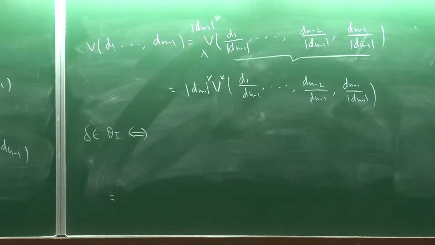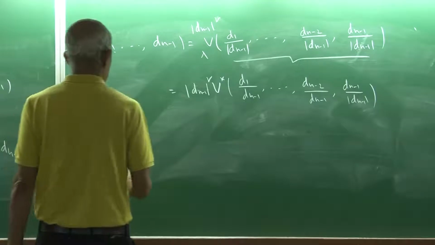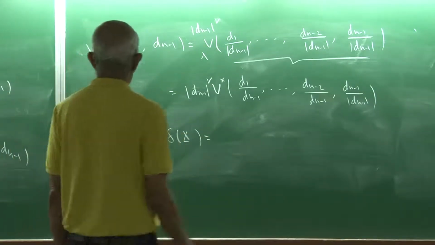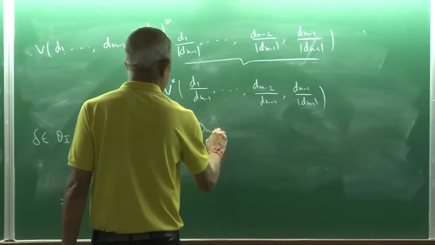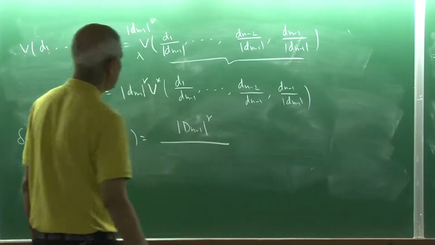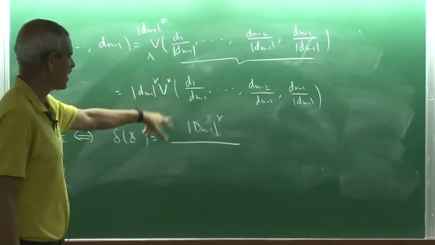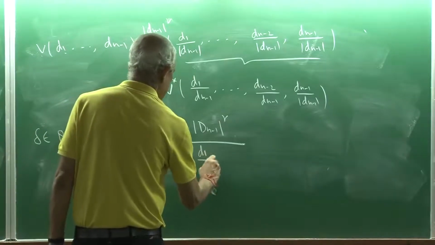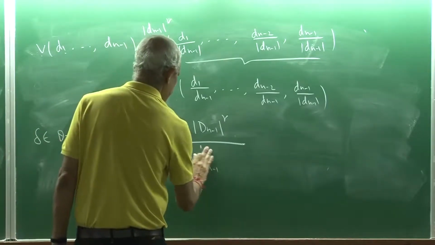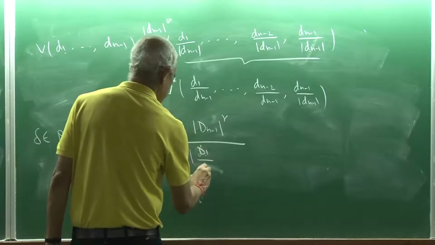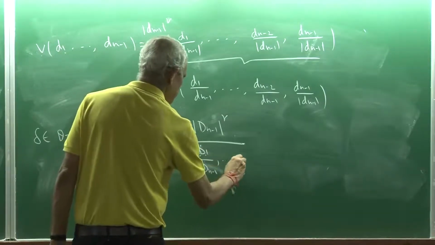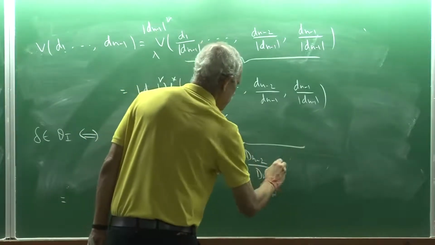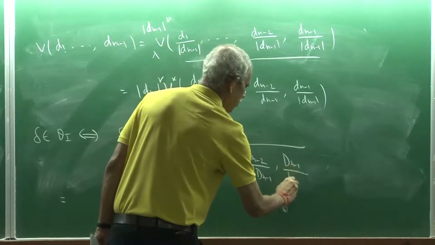So delta belongs to di if and only if delta of x is mod of dn-1 to power r divided by, so v star I can take as 1 upon u of d1 upon dn-1, dn-2 upon dn-1, and dn-1 upon mod of dn-1.